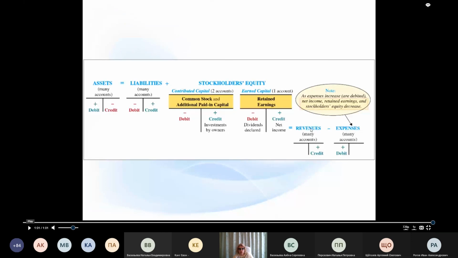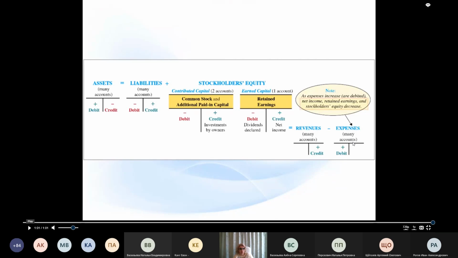When we consider revenues, we apply the same formula in general as for the right part of the main accounting equation: debit minus, credit plus. But as for expenses, we have a minus sign in front. This is why minus times minus gives you plus, and minus times plus gives you minus.